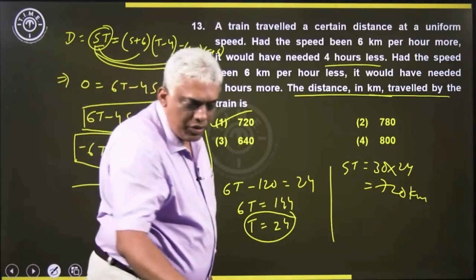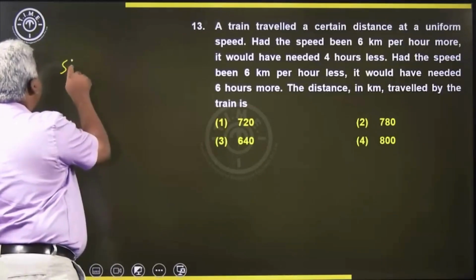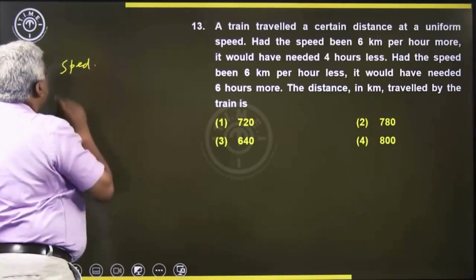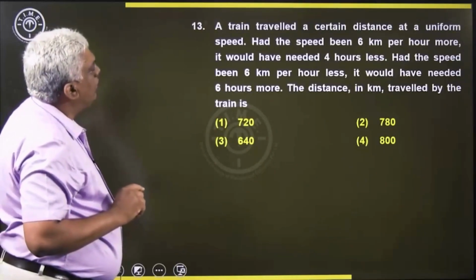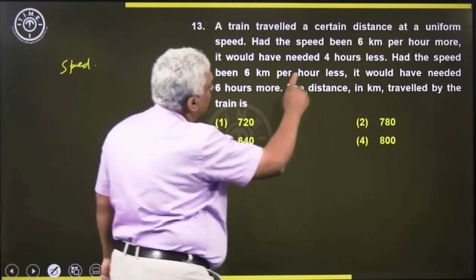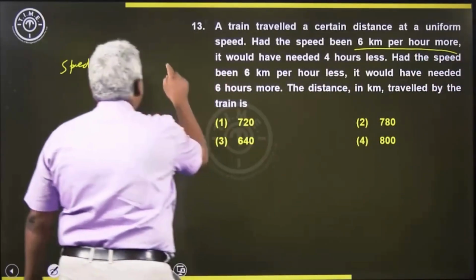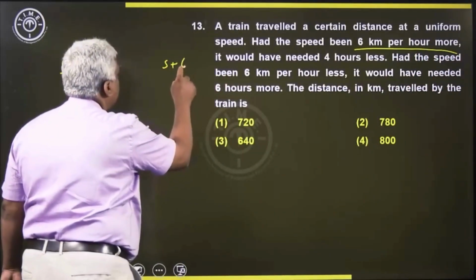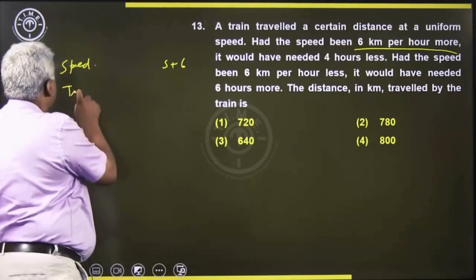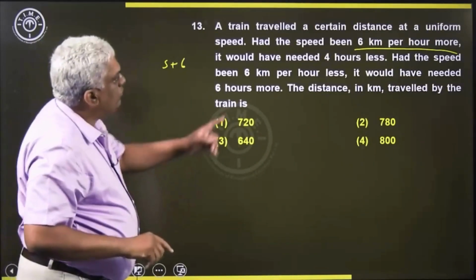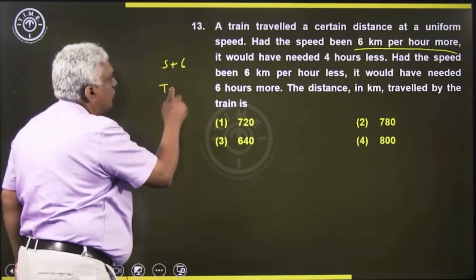Another way we can do it is, you see here, speed and time. When the speed was 6 km per hour more, s plus 6, the time taken was t minus 4.